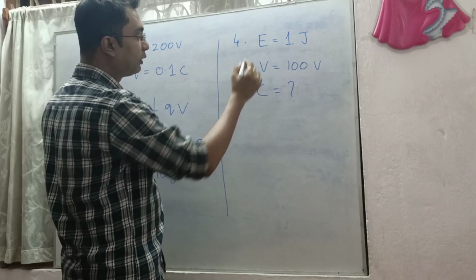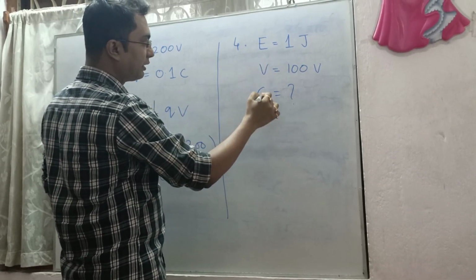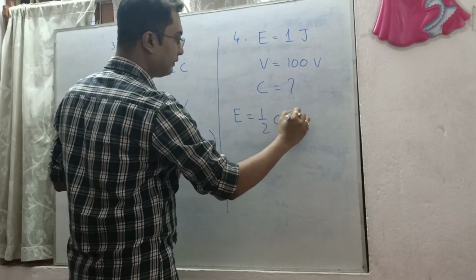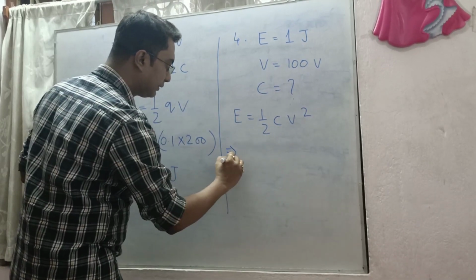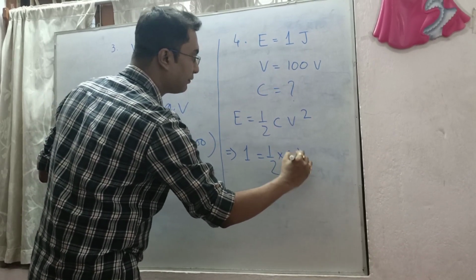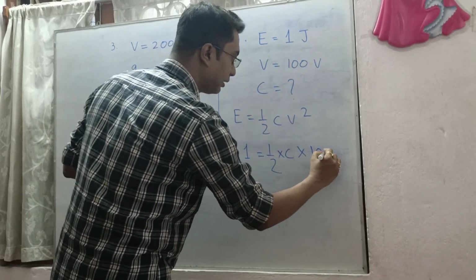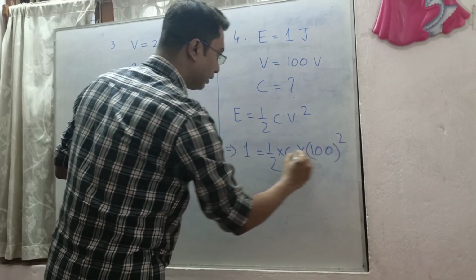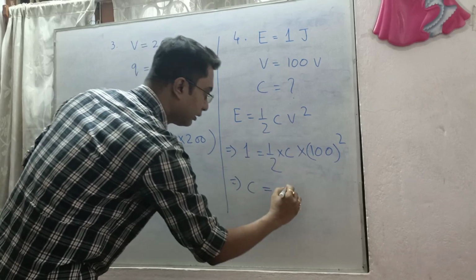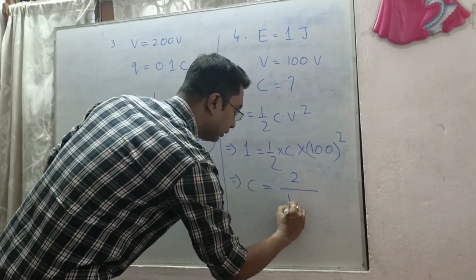So to write down the value of E in terms of V and C, it will be E equal to half C V square. Now here E is given as 1 joule. Now C needs to be found out and V is 100, so it's 100 square. From this C comes out to be 2 divided by 100 square.